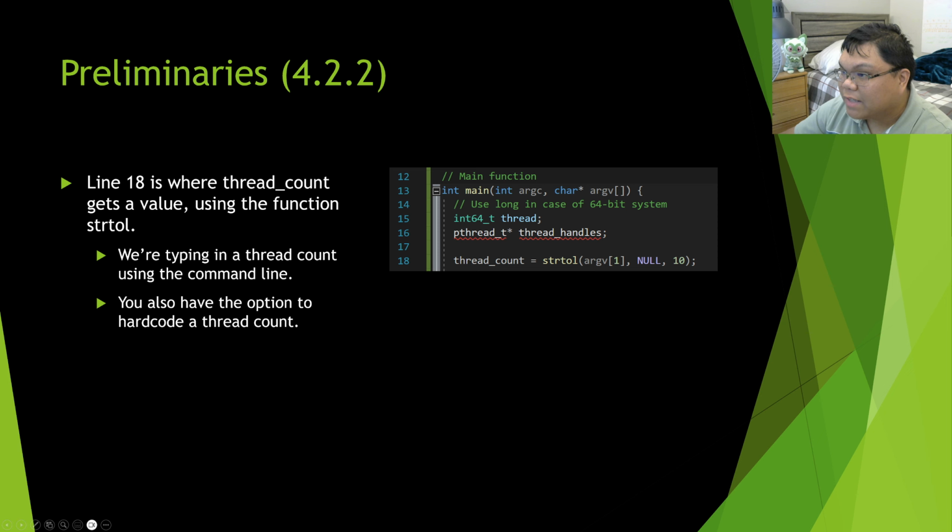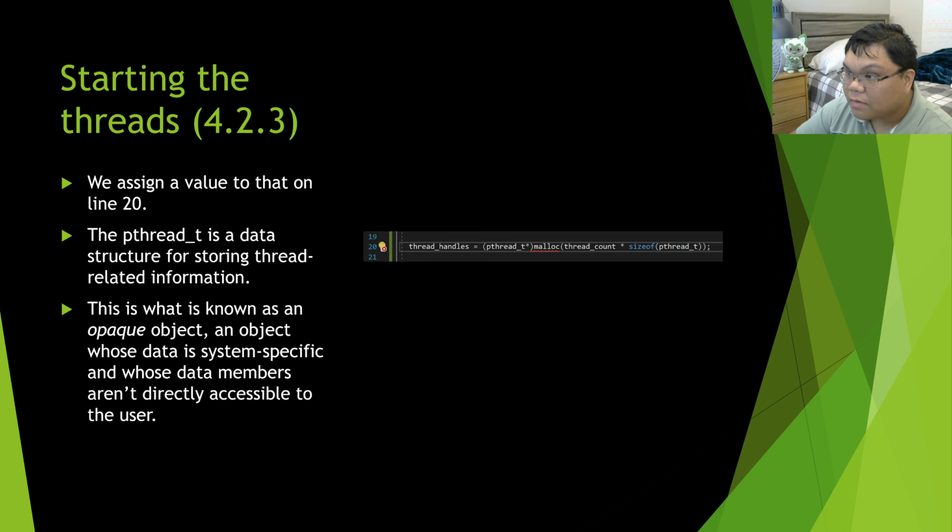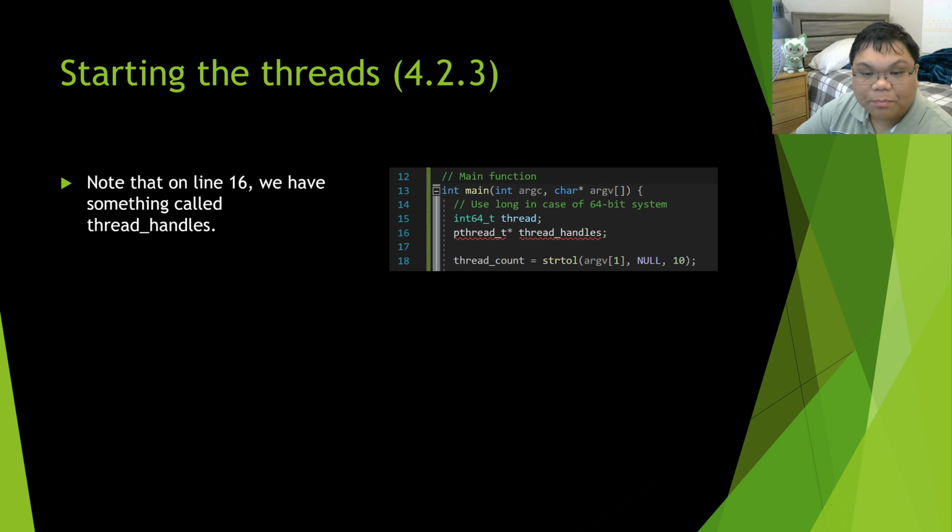So we are using this strtol function to get our thread count as a command line argument. But look what we have between that and int64_t thread. What's this pthread thingy anyway? Well, that's a pointer to our thread handles.